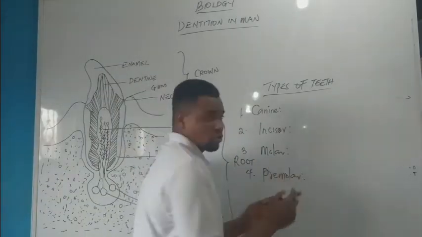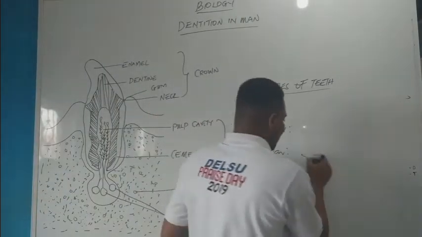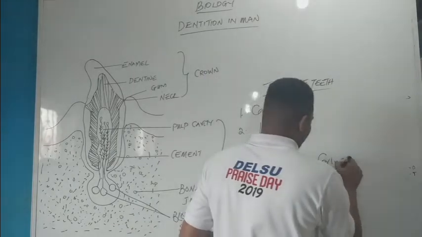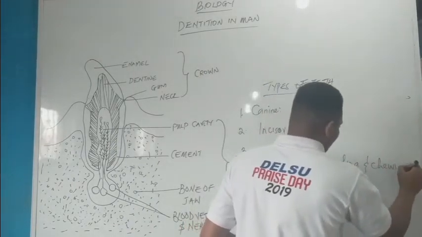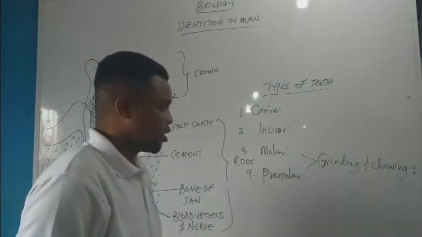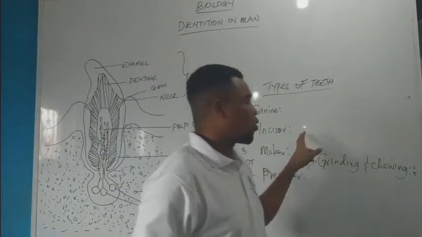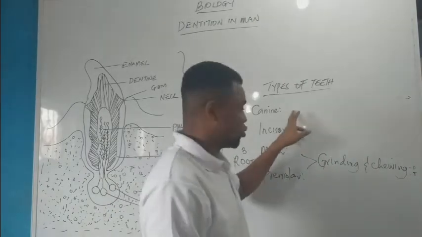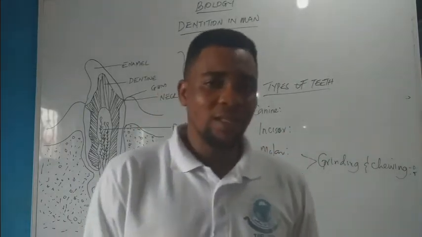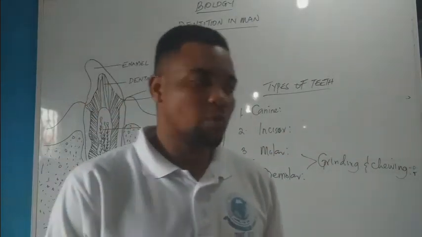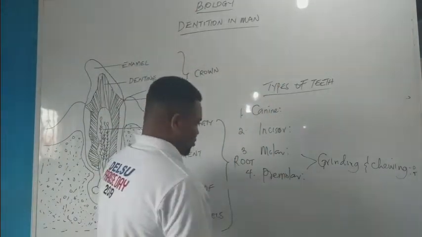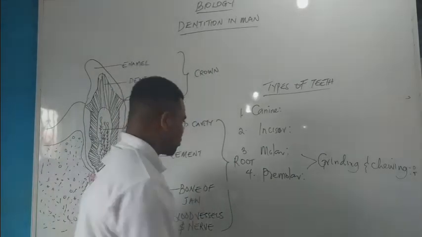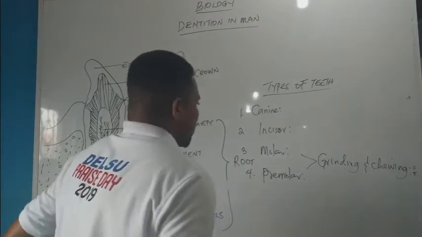Both of them are used for grinding and chewing. The incisor is used for cutting and holding of prey, and the canine for tearing of flesh and grasping of prey. So these are the types of teeth, and these are their uses, explained to you guys.